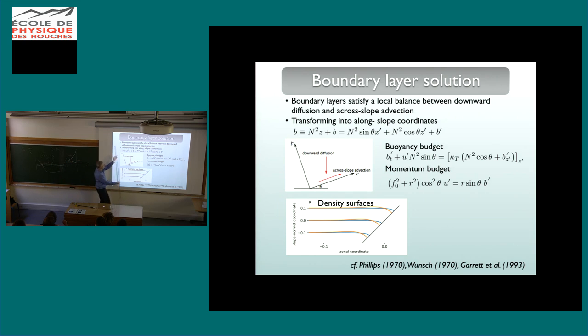The way they do it, if this is my sloping boundary layer, so this is the boundary and this is the normal to the boundary, they solve the problem by rotating the coordinate frame along the slope, and we're going to assume that the slope is uniform. We can then apply this solution also to non-uniform slope by using WKB if we want, as long as the curvature of the slope is small enough that you can assume it's constant.